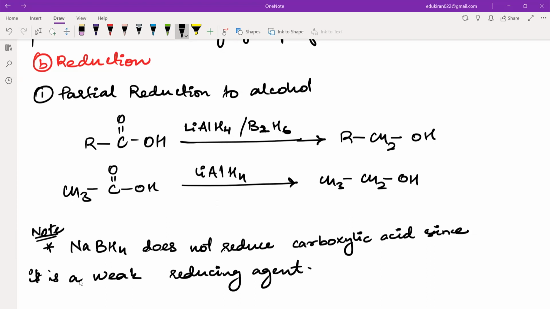Write this much, let me know if you're done. Then we will look at what happens if I want to do a complete reduction to alkane.